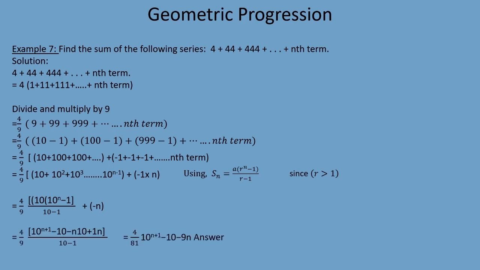This is 4 by 9 multiplied by 10 into (10 to the power n minus 1) by (10 minus 1) plus minus n, as n times minus 1 is minus n. This is 4 by 9 multiplied by (10 to the power n plus 1, minus 10, minus n times 10 minus 1), whole divided by 10 minus 1, which is 9. Simplifying, we get S is equal to 4 by 81 multiplied by (10 to the power n plus 1, minus 10, minus 9n).